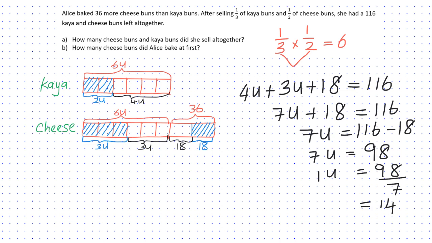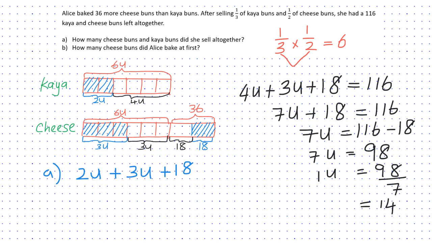Question A is, how many cheese buns and kaya buns did she sell altogether, which is the value of the units highlighted in blue. So the total number of buns that she sold will be 2 units of kaya buns plus 3 units of cheese buns and another 18.